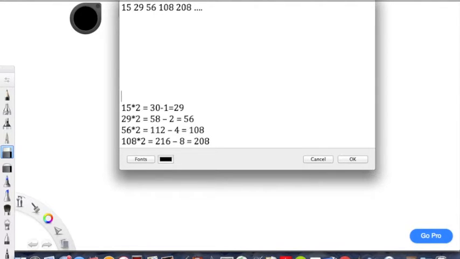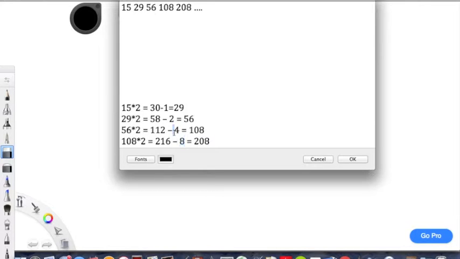So we have 108 here times 2 equals 216, and we subtract 8 from 216 in order to find out 208, which is the fifth term of the sequence here. So looks like we multiplied the previous subtrahend by 2 in order to get this subtrahend here.